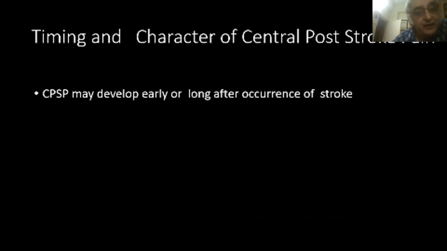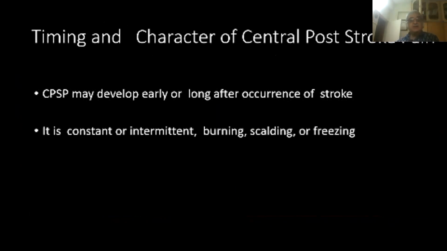Now, what is the timing and character of the central post-stroke pain? The interesting thing is that it can develop in the first week after stroke, or it can develop 1 or 2 years after stroke. This is new knowledge which we should know, that it can come later also, as late as 1 year. It can be constant, it can be intermittent, it can be burning, it can be scalding, and the patients will give you all kinds of expression.